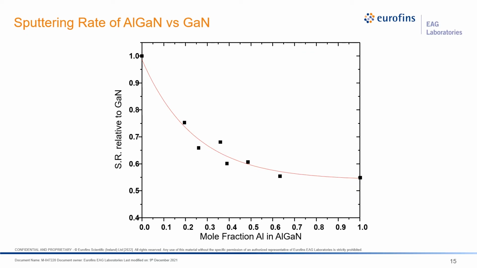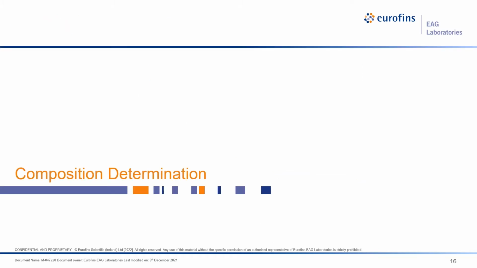In an AlGaN structure, it's actually a nonlinear distribution as you switch from gallium arsenide to aluminum gallium nitride. But having the curve, we can actually determine what the etch rate is for a given AlGaN composition. But this all depends on measuring the composition at a given data point accurately.